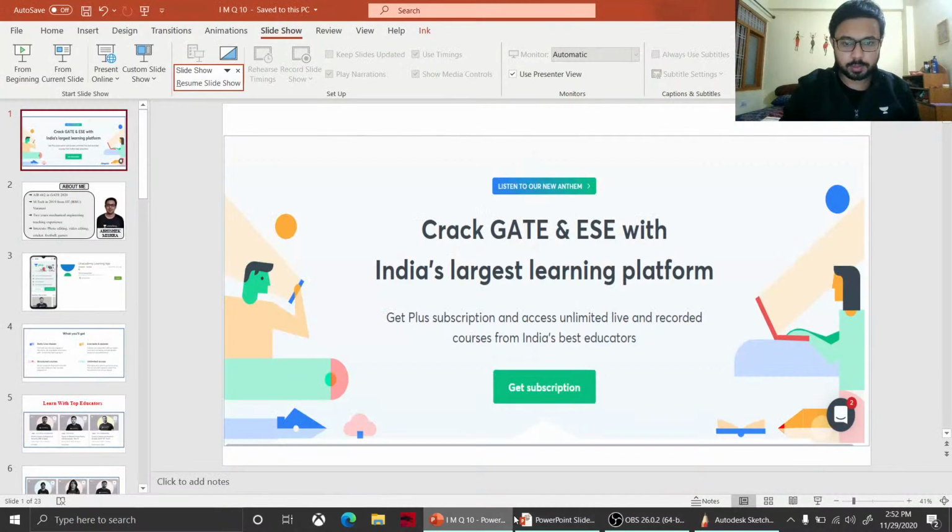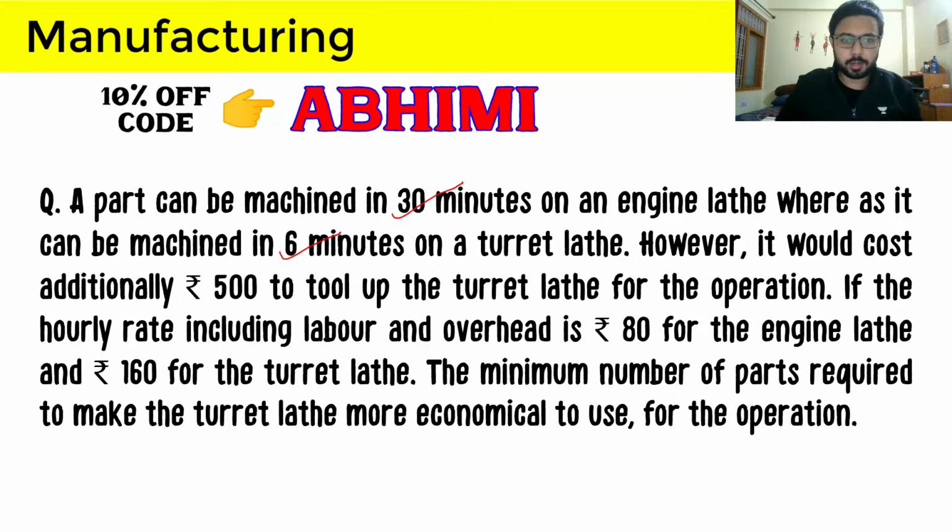We were discussing this question, and what was asked is that an engine lathe and a turret lathe were given, and we have to find the minimum number of parts to make the turret lathe more economical for use.